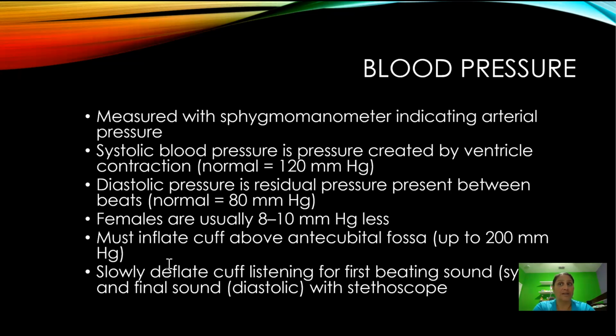Those are great, but they're usually very bulky, and you run the risk of potentially having a battery go out or whatever the case may be. So that's why we always take a manual blood pressure. It's usually much more accurate, and it takes practice. So that's something that we're going to have to do. But we are listening for that first heartbeat, what that number is, and then that last heartbeat, what that number is. Okay.